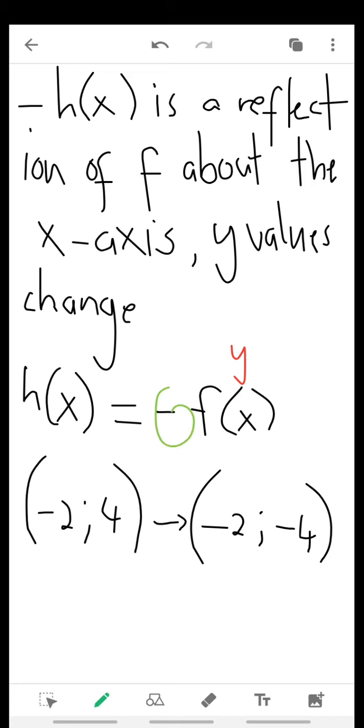The reason why we multiply the y values by a negative is because of the change whenever there is reflection along the x-axis. So if the coordinates of f were (-2, 4), then the coordinates of h will be (-2, -4). So what remains the same? The x values, but y changed from being 4 to being -4.